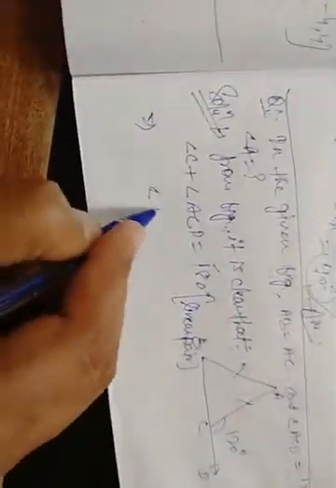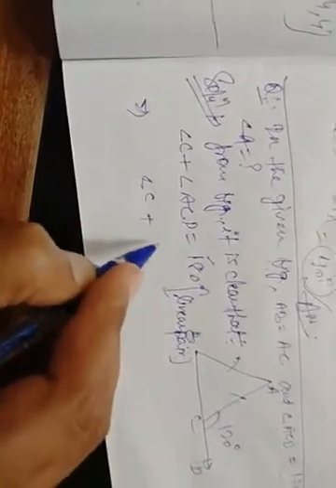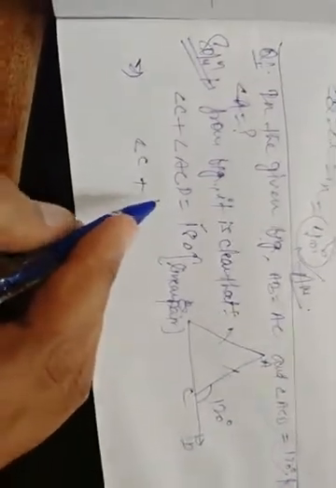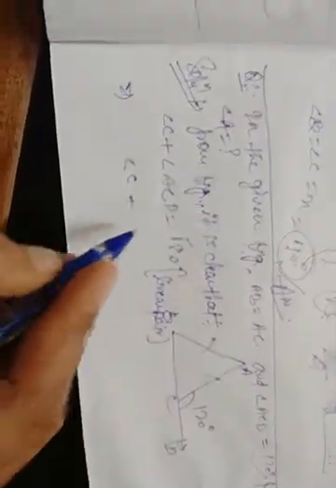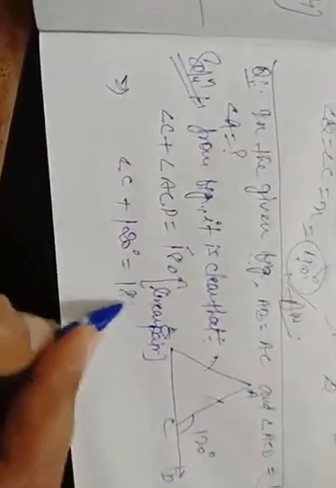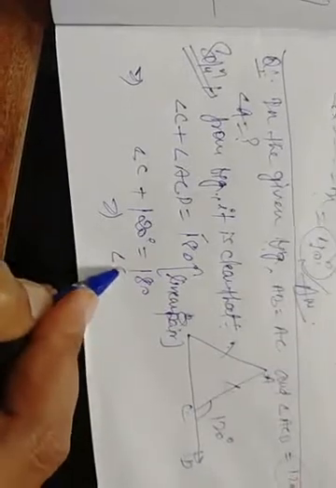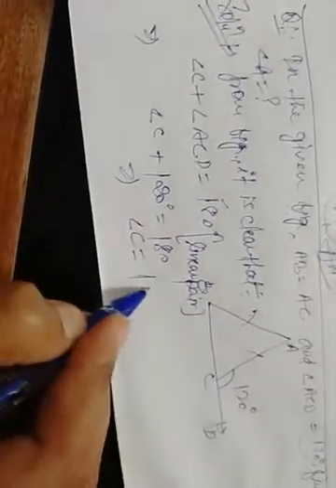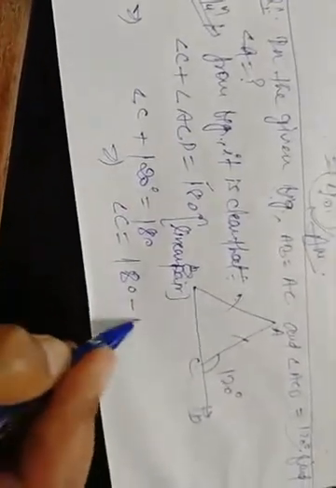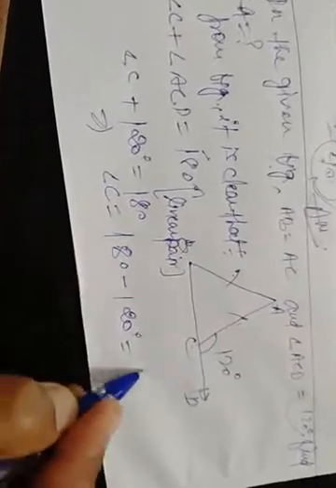So we have angle C plus 120 is equal to 180. So in this way we find angle C is equal to 180 minus 120, that is 60 degrees.